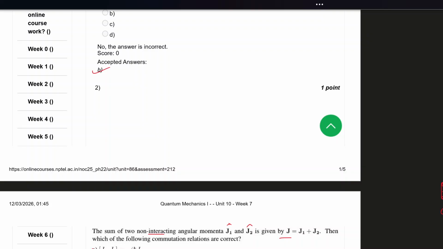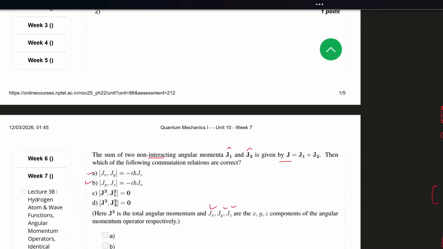So by this you will see that [Jx, Jy] will give you plus iħ Jz, because X to Y to Z back to X is a clockwise manner rotation, and that is why the sign is positive. But if you have [Jy, Jx], then it will give you minus iħ Jz.